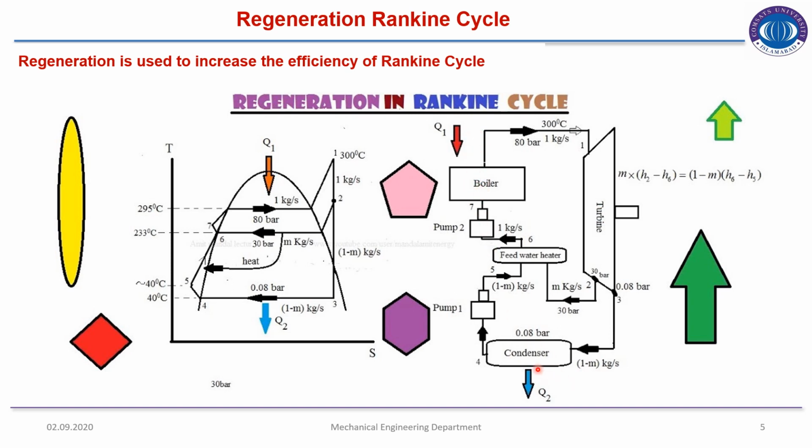And in the second step, the work consumed by the condenser will also be less, because there is less working fluid entering per unit time into the condenser. So little work will be done on the condenser. So in two steps, through the regeneration process, we are increasing the efficiency of the Rankine cycle.